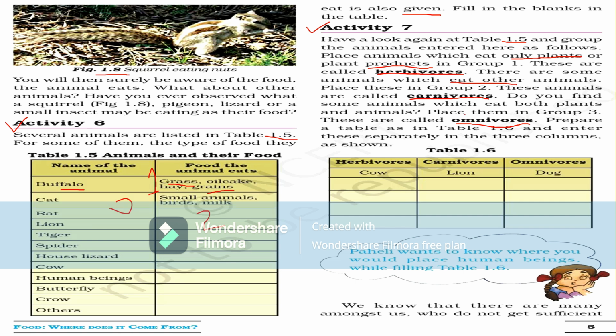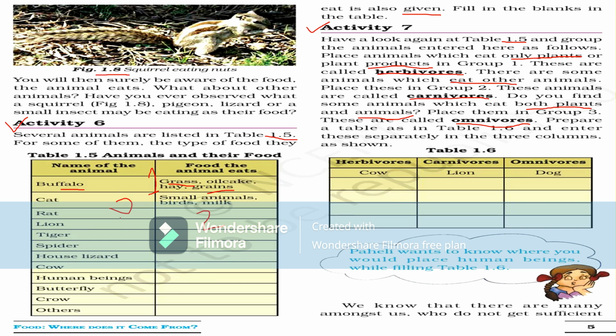Omnivorous animals eat both plants as well as animals. As you've seen in table 1.5, we have listed some animals. Now what we have to do is group them as group 1, group 2 and group 3.